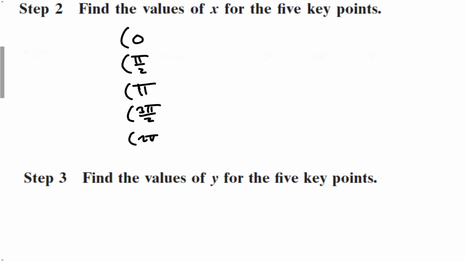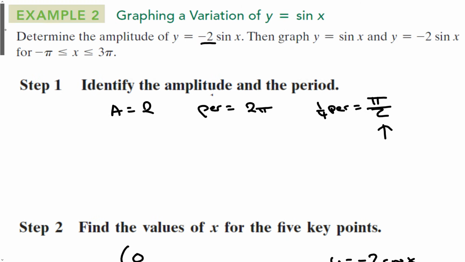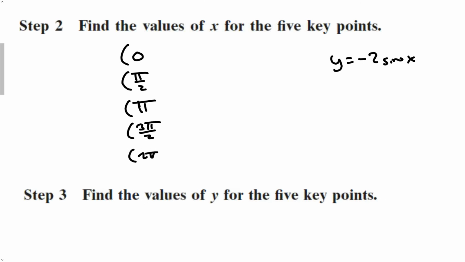Now I'm going to find the y value of the 5 key points. Because there is a negative, it was -2 sine x. Because there's a negative in front, normally the sine function would go middle, max, middle, min, middle. But the sine of pi over 2 would be +1, and when I multiply that by -2, it turns to a negative number.